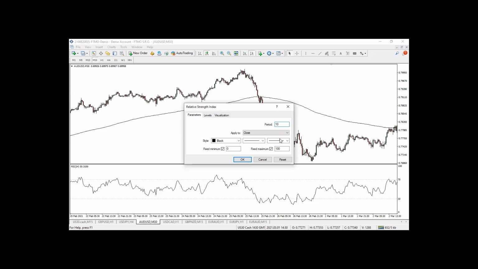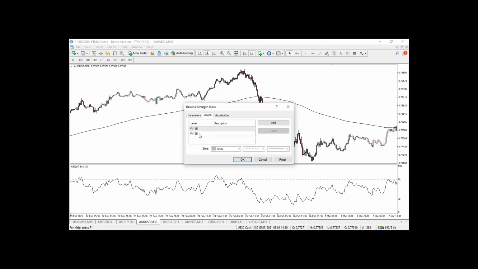Then when you change it to 10, you go to level, double click on that level, and you use 20 for oversold and 80 for overbought. Normally, when I'm doing conservative trading, I use 15 and 85 because it oscillates between 0 and 100.